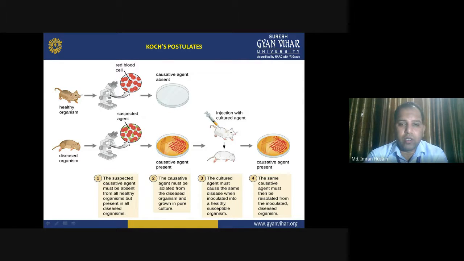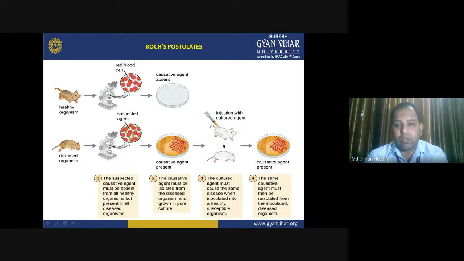So what is happening in the second phase? The causative agent must be isolated from the diseased organism and grown in a pure culture. What is the next phase? Here you can see the injection with the cultured agent, and as a result, the individual is falling sick. The cultured agent must cause the same disease when inoculated into a healthy susceptible organism.